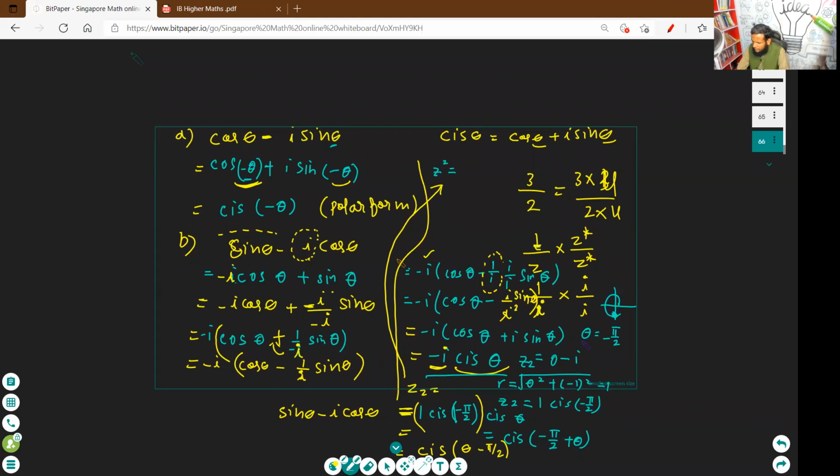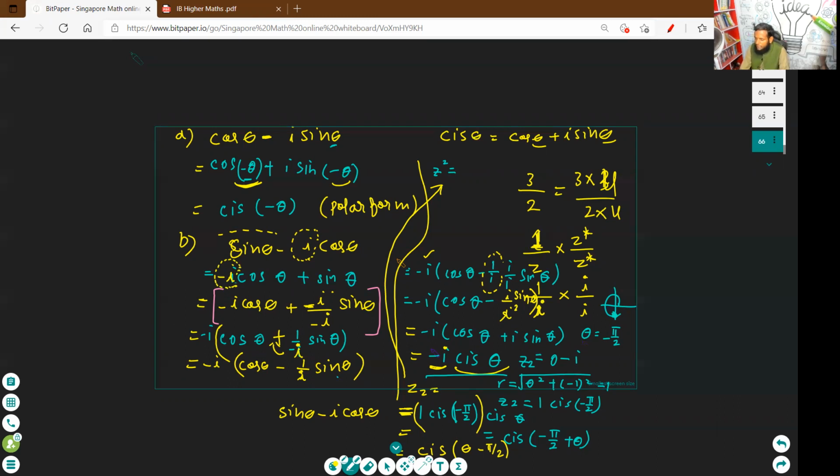Clear? But wait, I just don't understand this part. Like here, this step. Yes, in this step we are taking minus i common.